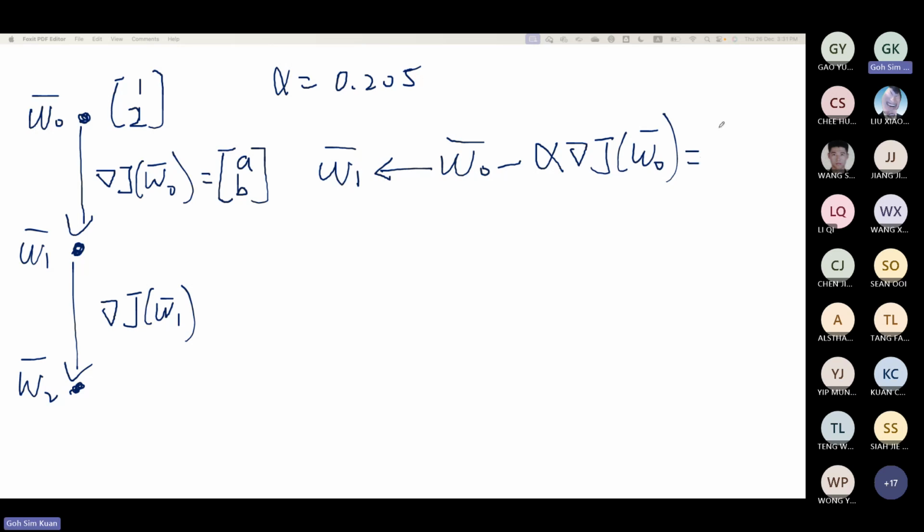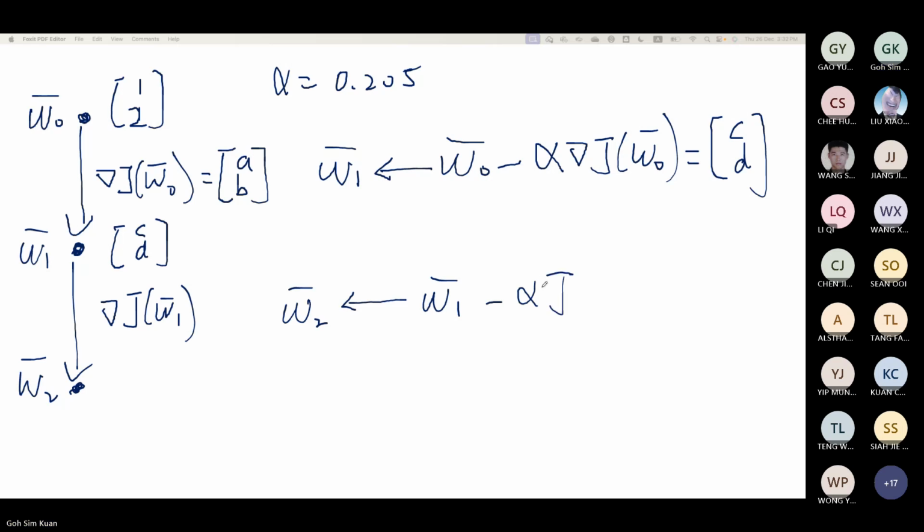Let's say after you throw in the values into your scientific calculator, you obtain CD. We will be able to perform gradient descent for another step. So we have CD here. We will be able to compute our W2 bar based on W1 bar minus alpha times the gradient J of W1.